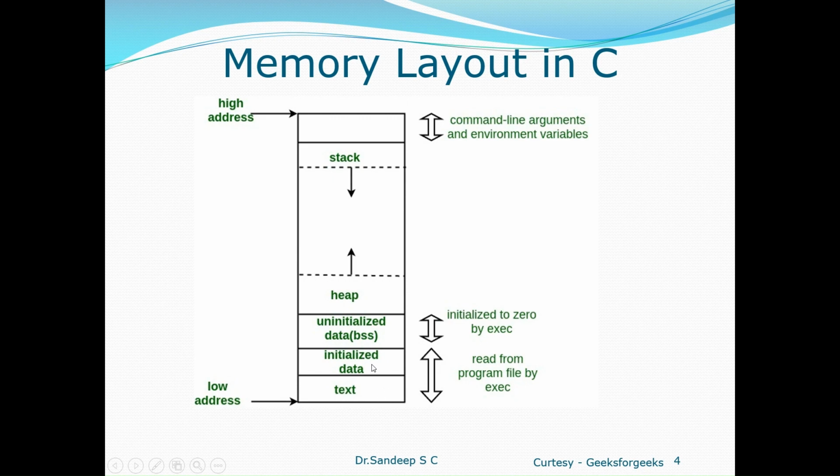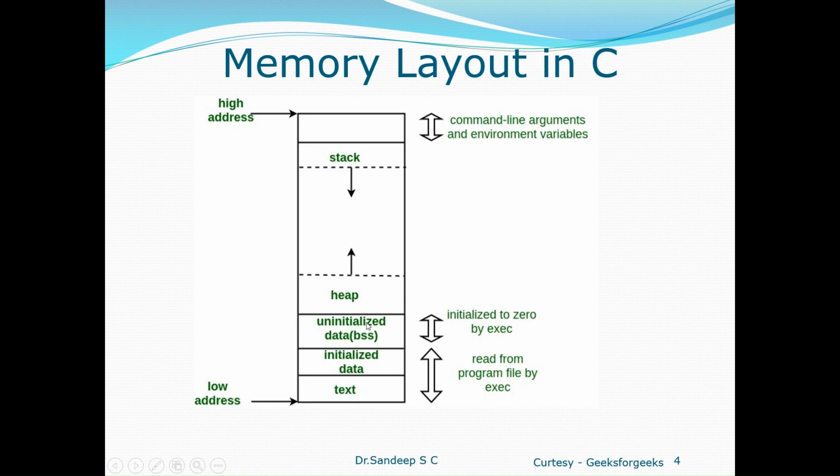Then we have the next section, the initialized data. This is a data segment wherein we store data that has either a default value or that we have initialized. That depends on what storage class we use, which we'll also see.